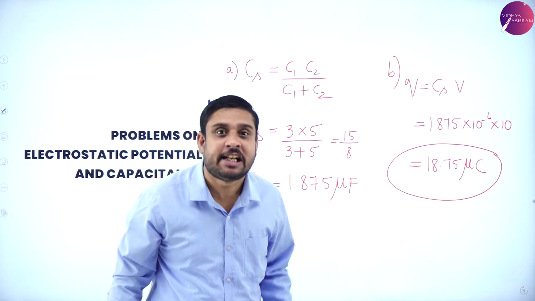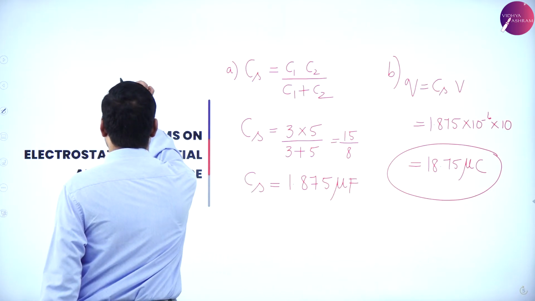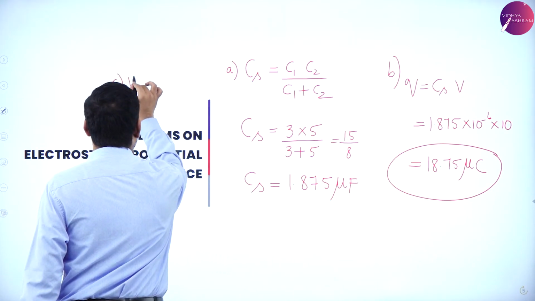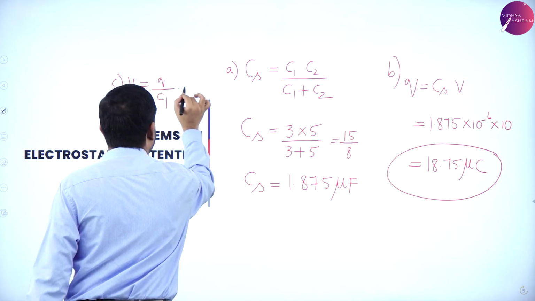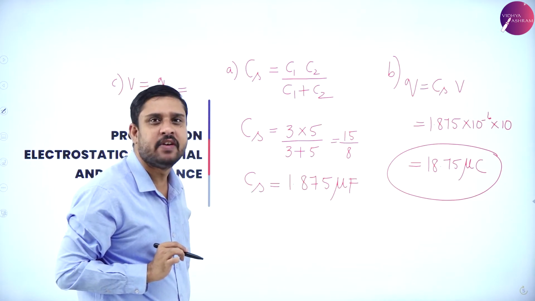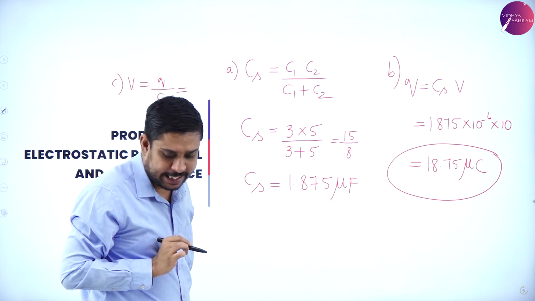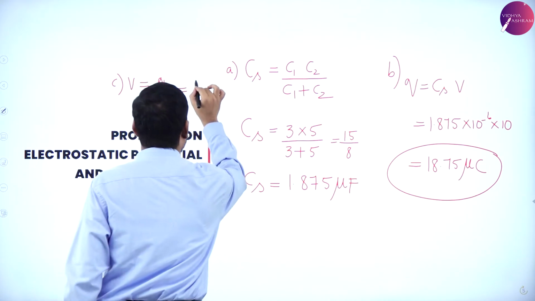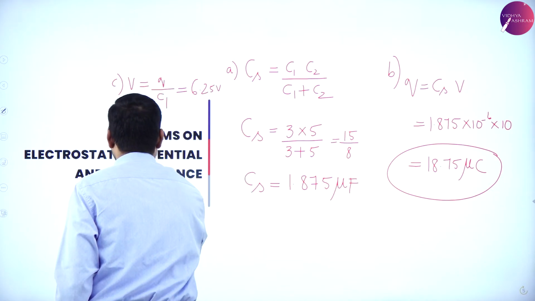Now, potential difference across the capacitors. Again, V is Q by C1. Q is 18.75 micro, C1 is 3 microfarad, so 6.25 volts.